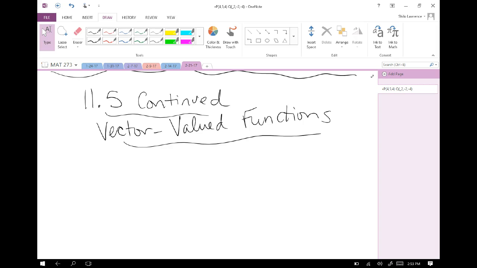All right, so I stopped and I had you guys take a test when we got done with lines and planes. All of the stuff up to that point kind of naturally goes together because it all deals with vectors that have constant components. After that, we start dealing with vectors that have function components, and those are called vector-valued functions.